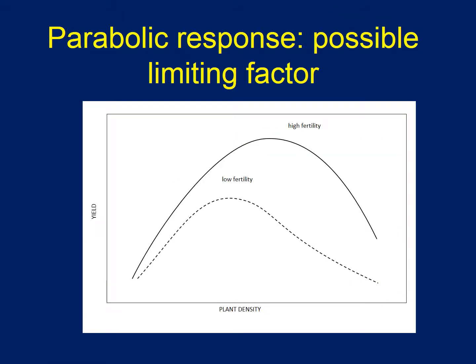This might be related to the existence of other limiting factors for productivity. For instance, when we have conditions of high fertility or low fertility, in general high fertility would show a higher optimum plant density than for low fertility.